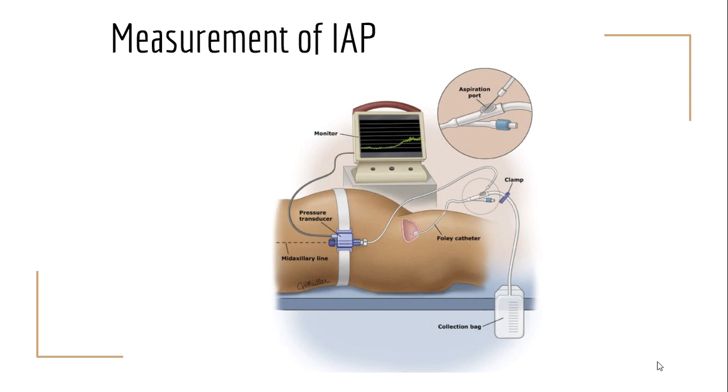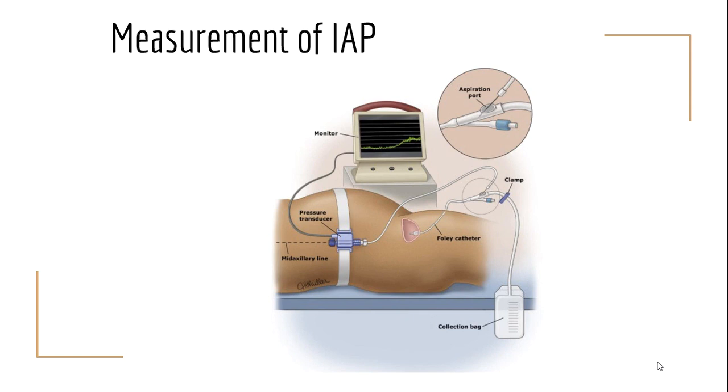Not at the phlebostatic axis. It should be measured at the iliac crest where it crosses the mid-axillary line. Always we should zero the transducer at the mid-axillary line where it crosses the iliac crest.